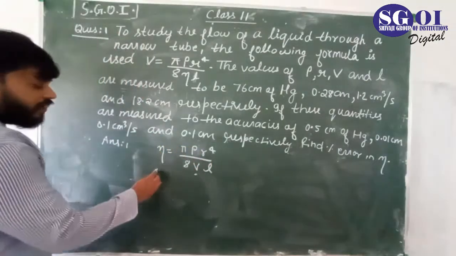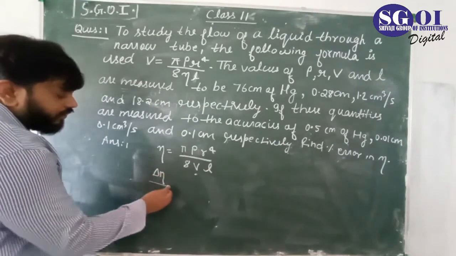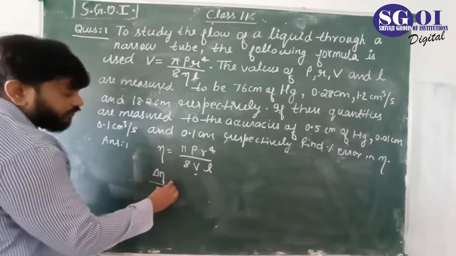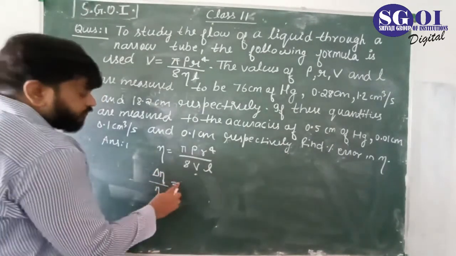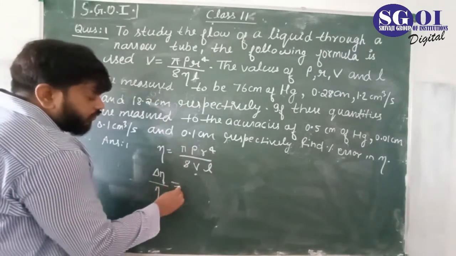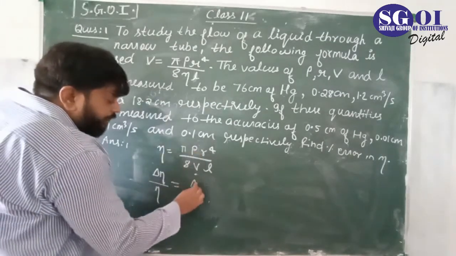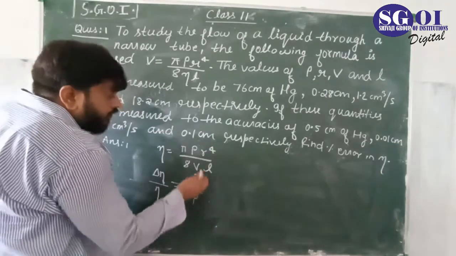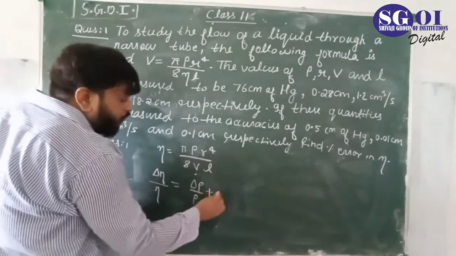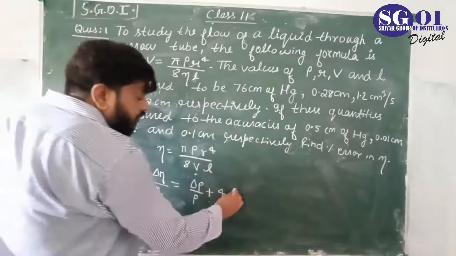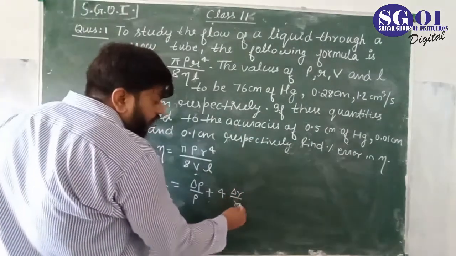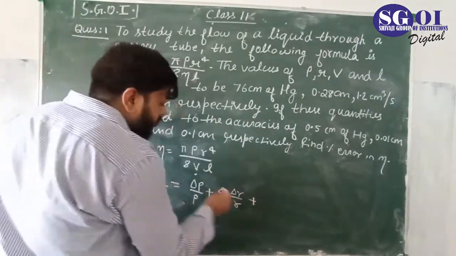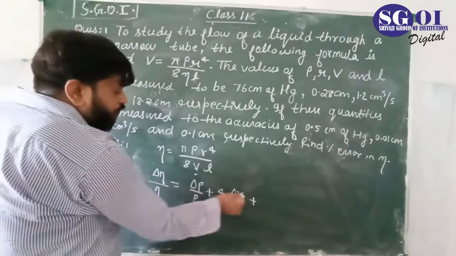So for eta, we can write delta eta upon eta equal to delta P upon P plus 4 delta r upon r, because power 4 is in multiplication, plus delta V upon V, because division is also in plus sign.